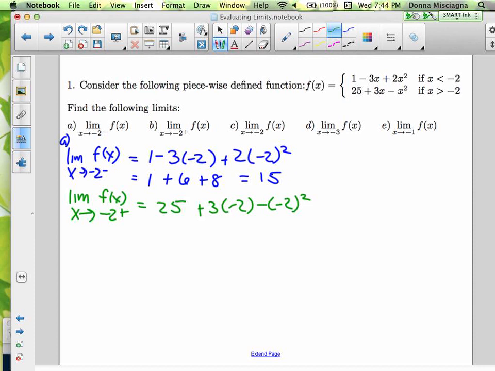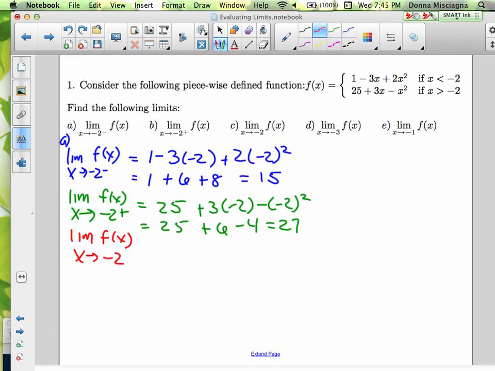So that's 25 plus 6, and that's going to be minus 4, because negative 2 squared is 4. So that's going to give us 31 minus 4. That's 27.